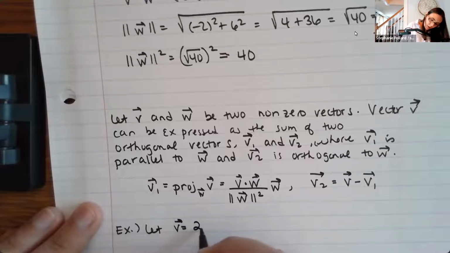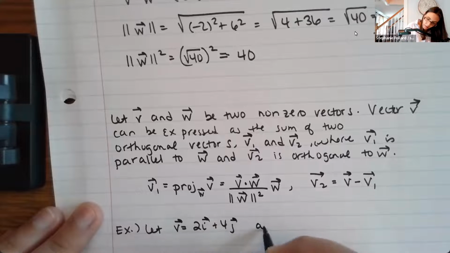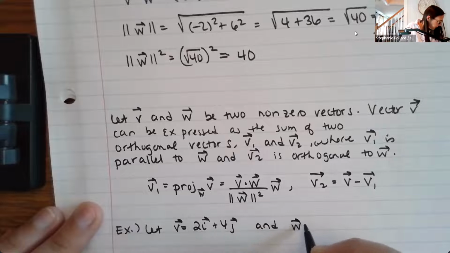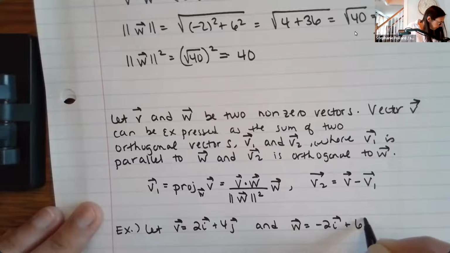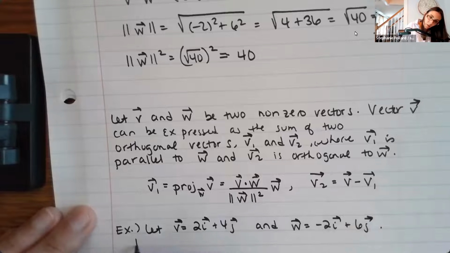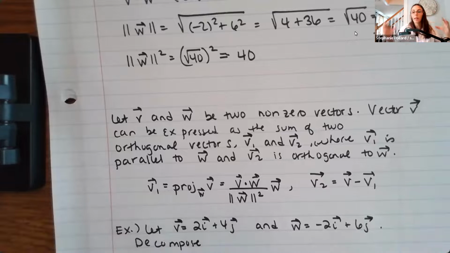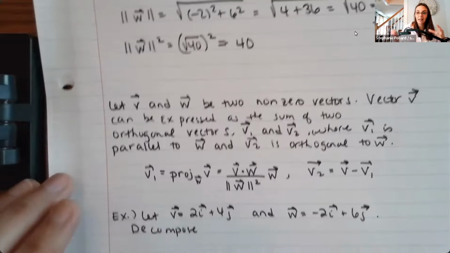So let v be 2i plus 4j and w be negative 2i plus 6j again. And we want to decompose. Decompose means to break it back down, so sort of like uncombine it.